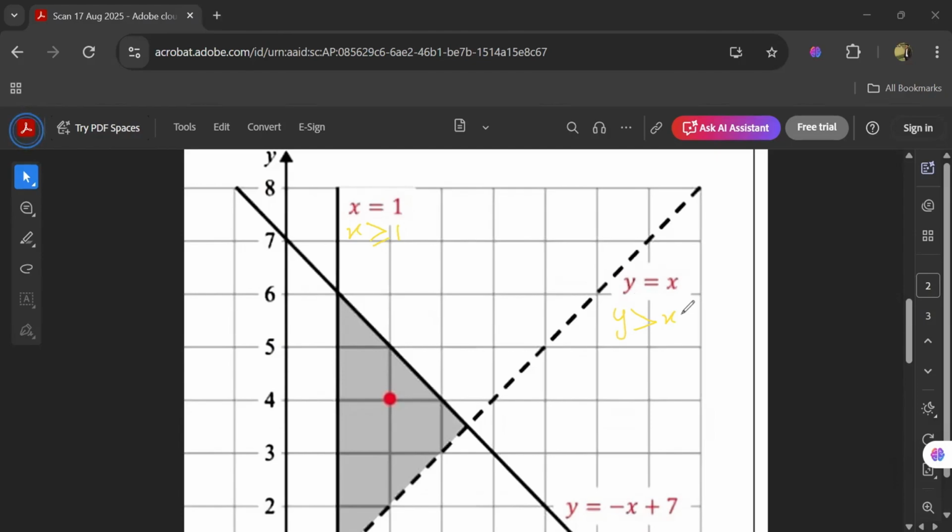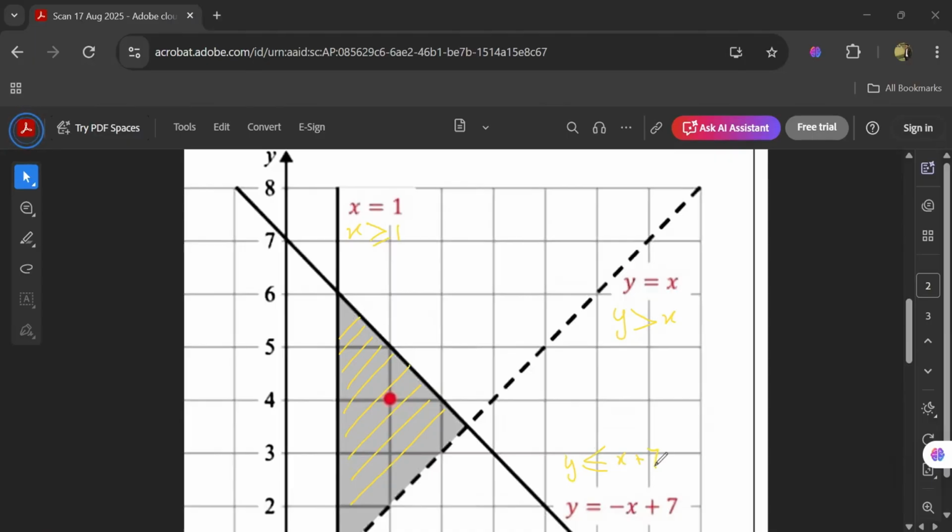Moving to the third one, the equation given to us is y is equal to minus x plus 7. It's a dark line and the shading is below this line. It means y is lesser than and equal to minus x plus 7. That is how we come to know this line.